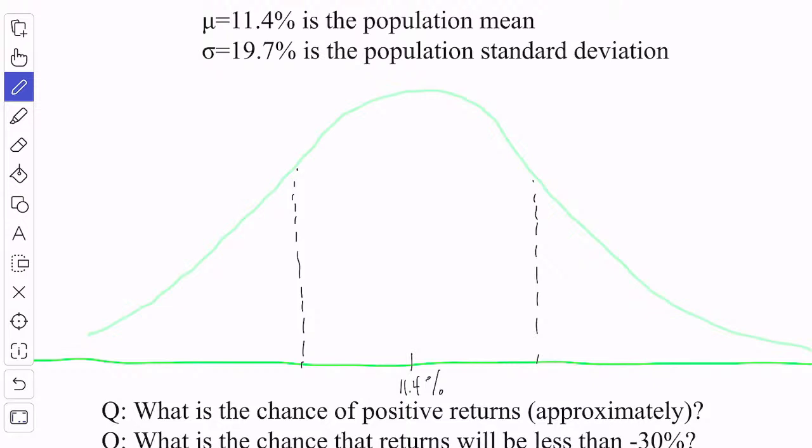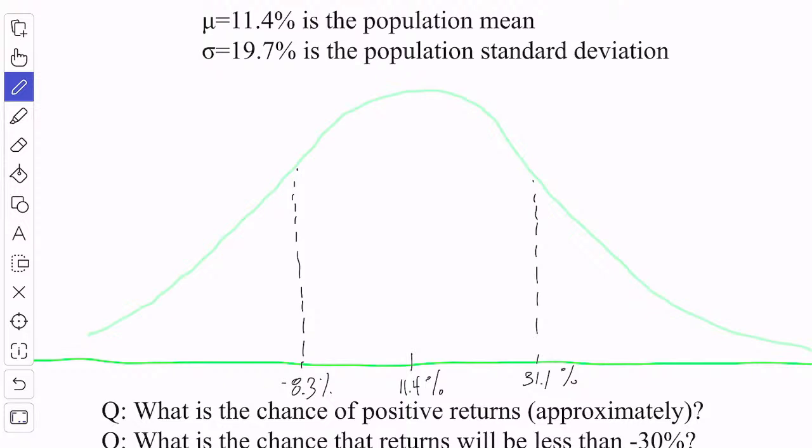Brings me to 31.1% in that direction, a negative 8.3% in that direction.